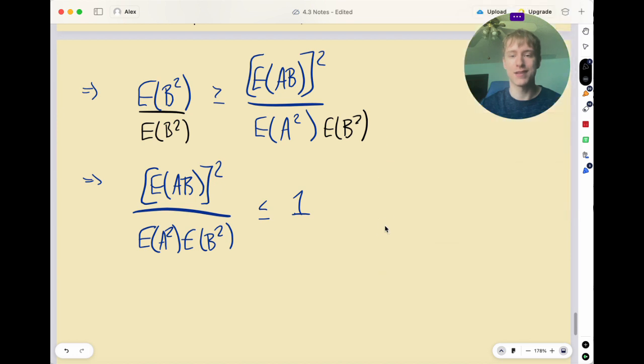So now comes the main part. We're going to set the random variable A equal to x minus the mean of x. We're going to set B equal to y minus the mean of y.